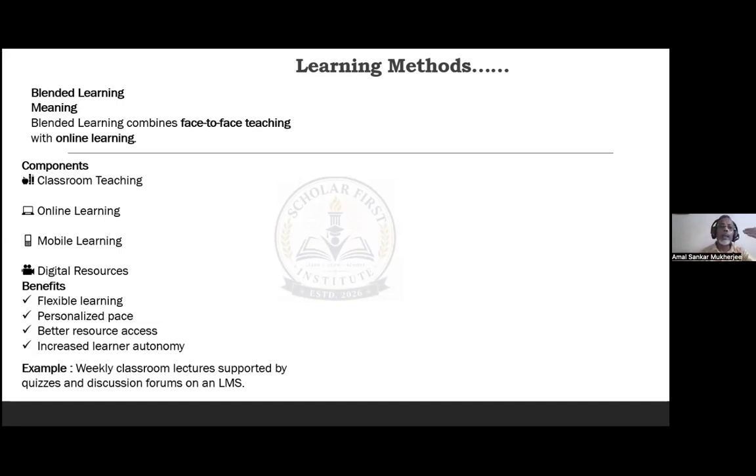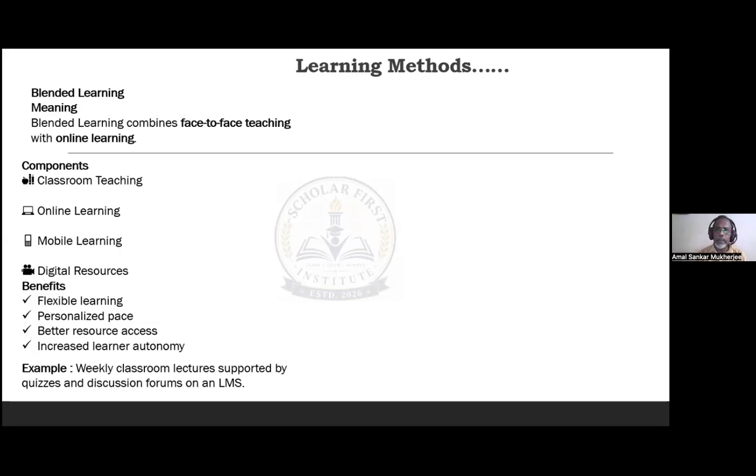What are the components of this blended learning? The first is classroom teaching, then online learning, and mobile learning. So all these three factors are collaboratively involved in the form of this blended learning. What are the benefits that we are getting through the blended learning? First, it is a flexible learning.